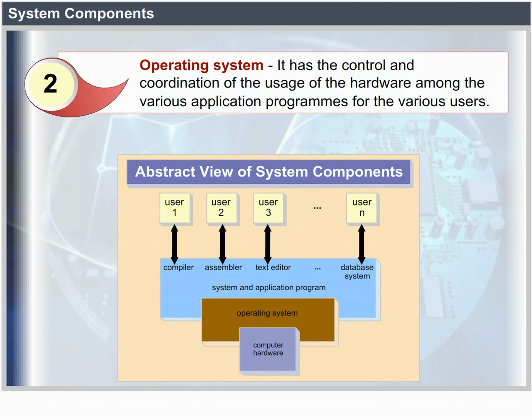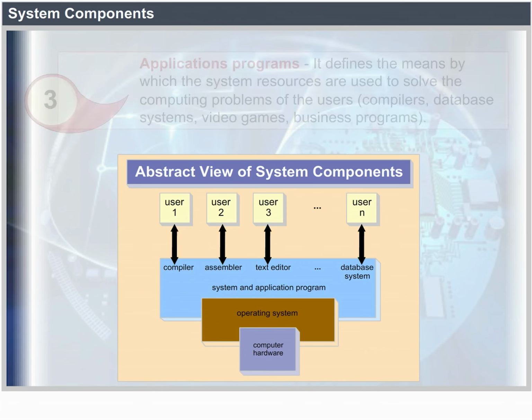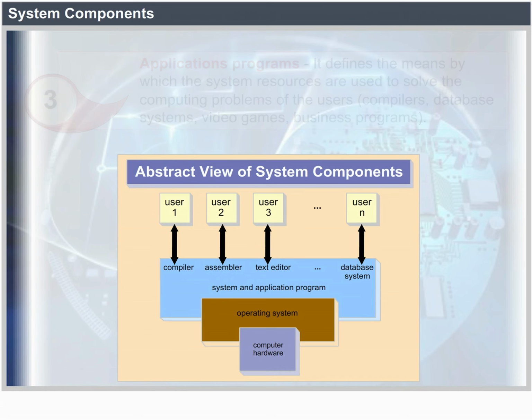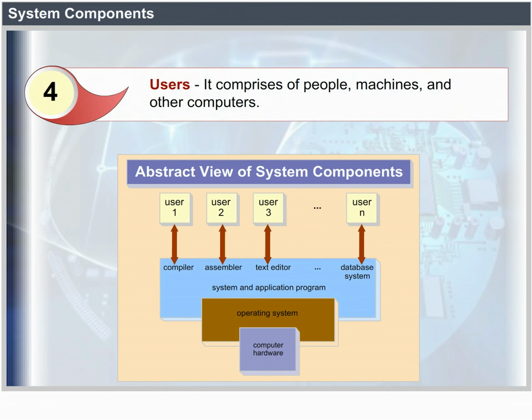Application programs define the ways in which the system resources are used to solve the computing problems of the users: compilers, database systems, video games, business programs. Users: people, machines, other computers. Abstract view of system components.